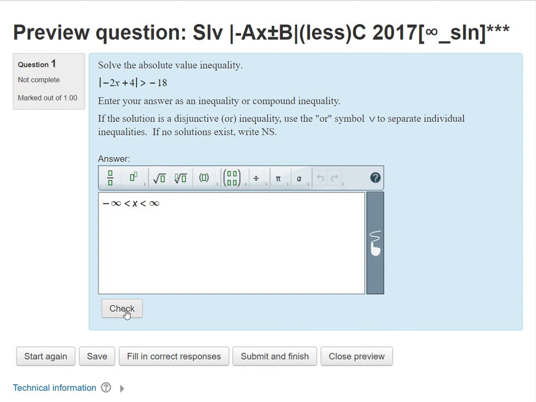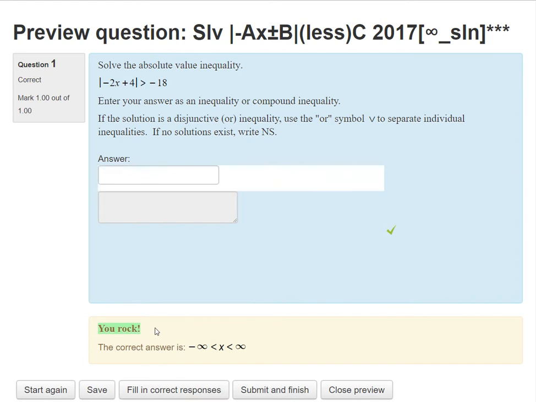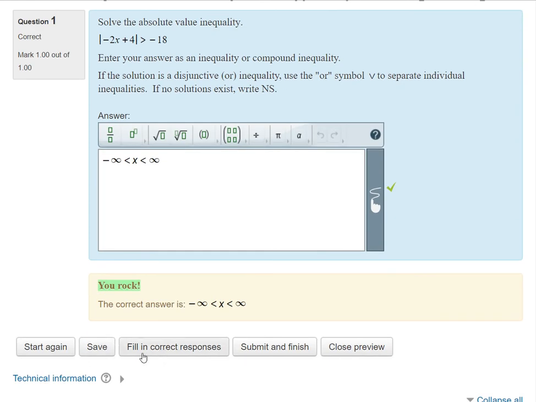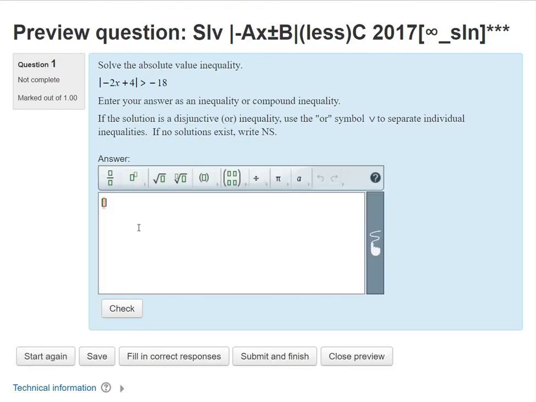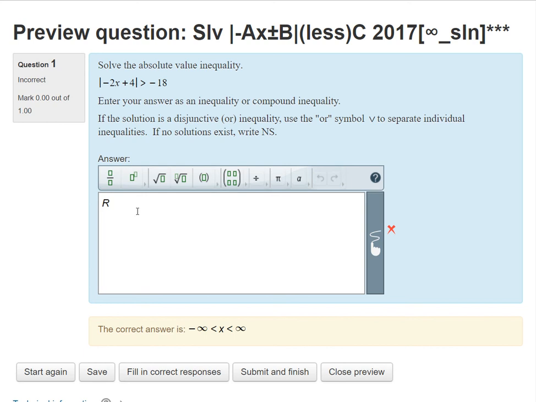Okay, so that's obviously going to work. But let me try something else here. Start again. Okay, I want to see if this works. Oh, it doesn't. Doesn't let you do it.